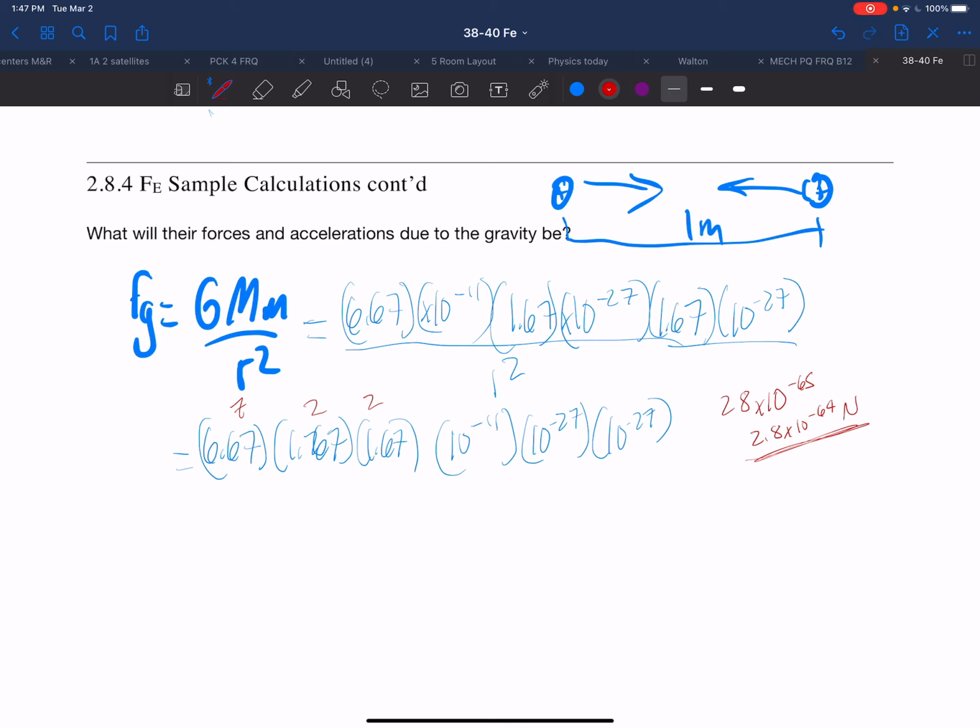And then if we were to ask about the acceleration, well, the net force is ma, and that acceleration is caused by gravity. And so we're looking at 2.8 times 10 to the minus 64th, all over 1.67 times 10 to the minus 27th. Estimate, this would be about 3, and this would be about 2. So we're looking at about 1.5 times 10 to the minus 37th meters per second squared.